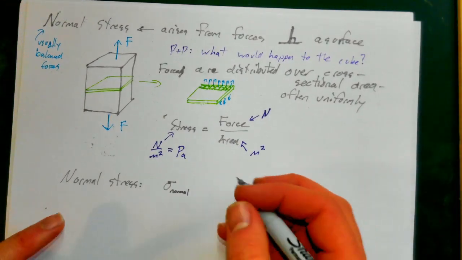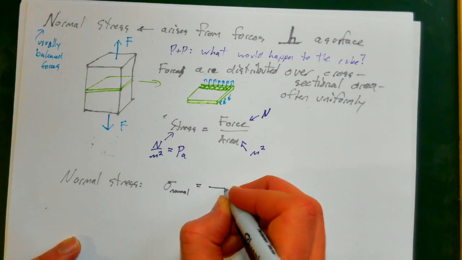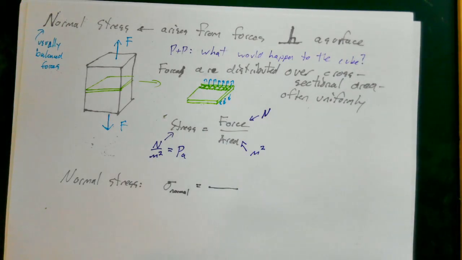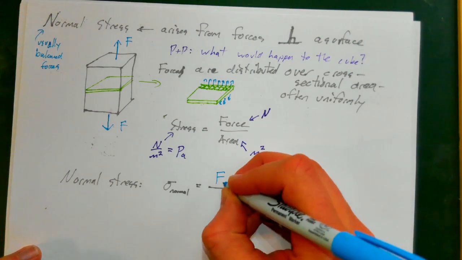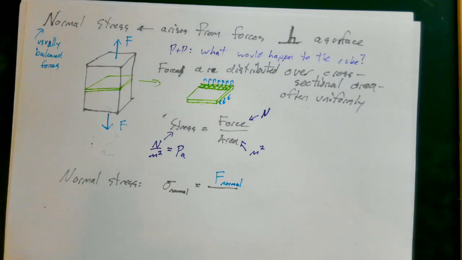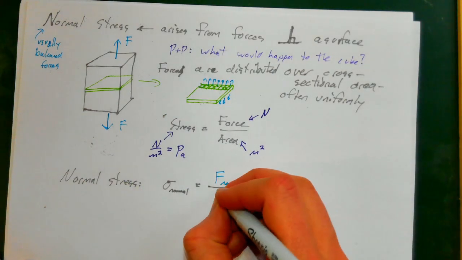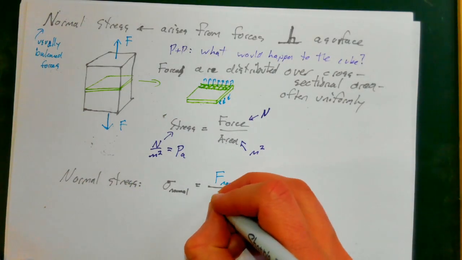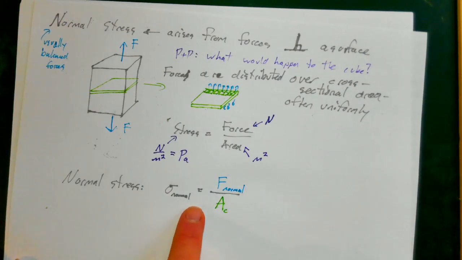The normal stress essentially arises from a normal force divided by a cross-sectional area. So this is basically what a normal stress is.